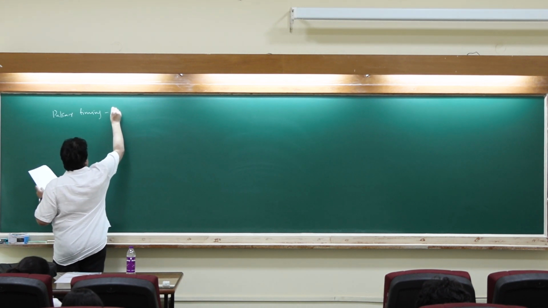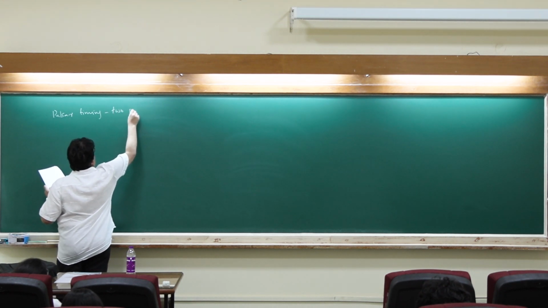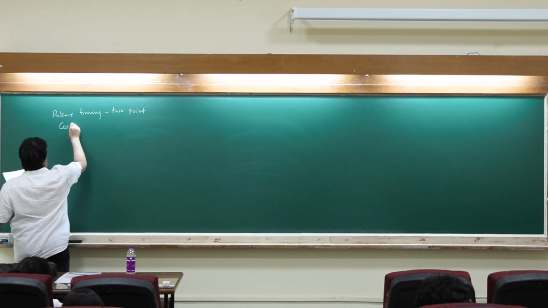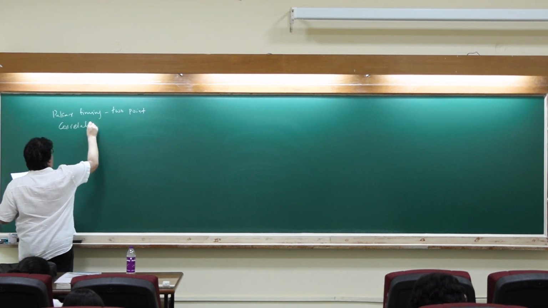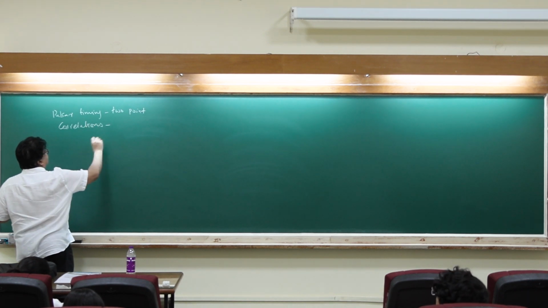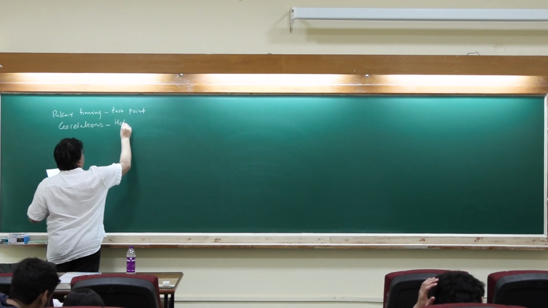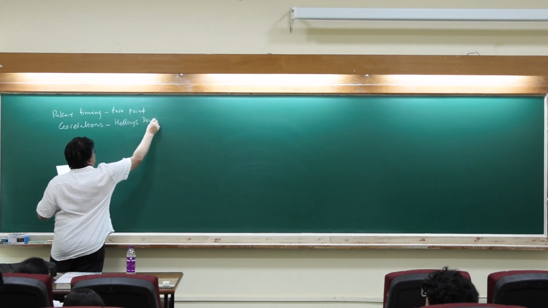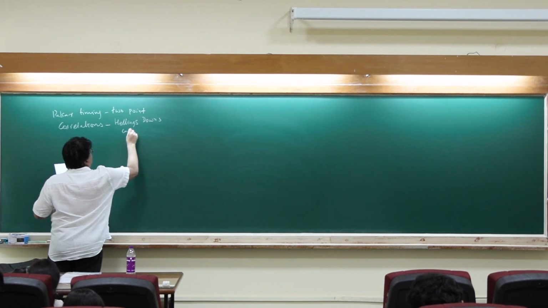And this is 2-point correlations. So this is what was that Hellings-Downs curve.